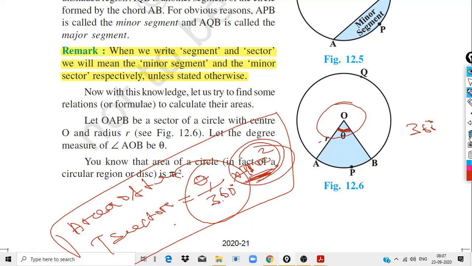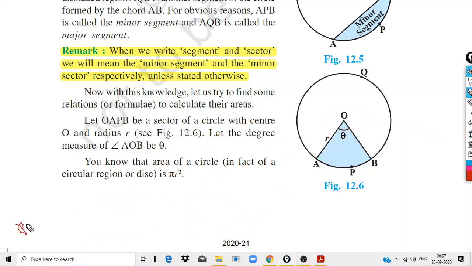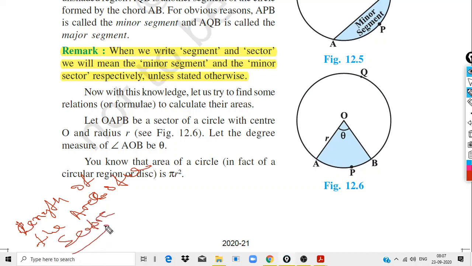Similarly, what will be the length of the arc of the sector, or segment, you can say. Now you want to find the length of APB only, this arc. You know that the complete circumference is 2 pi r, isn't it?